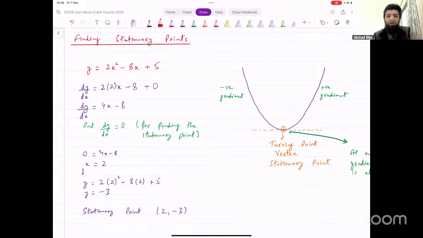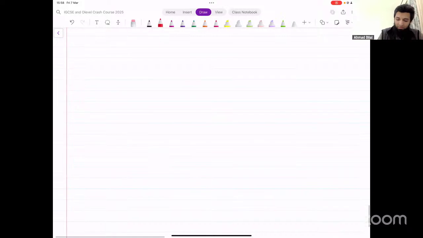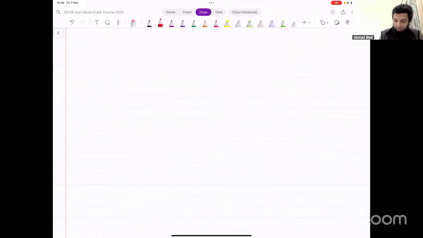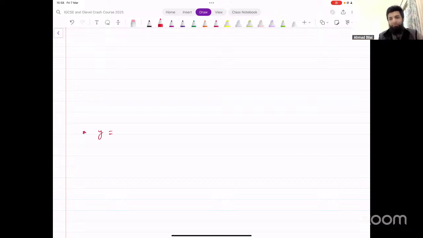Let's say I have a cubic function now. Let's say I have a cubic function that looks like this. Y equals x cubed minus 12x squared plus 21x.